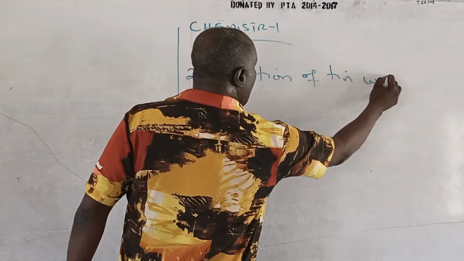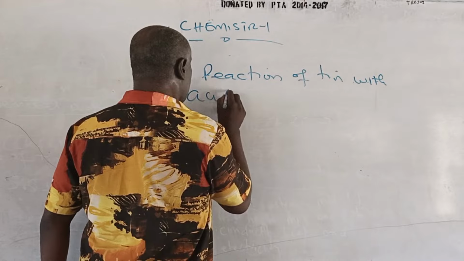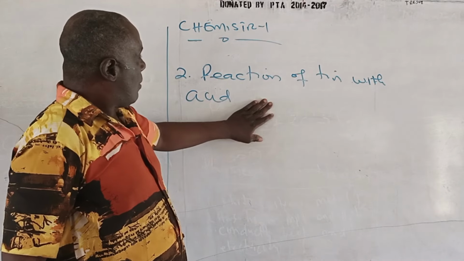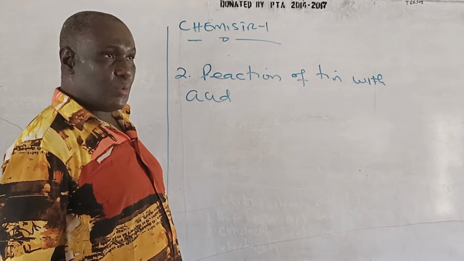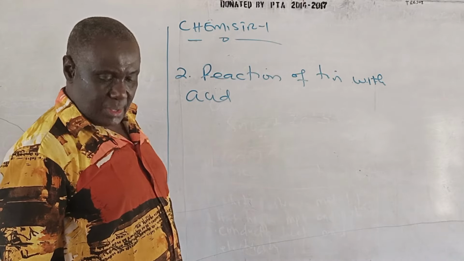Number 2 is reaction of tin with acid. Tin, because it's unreactive, reacts moderately with dilute acid, but vigorously with concentrated acid.